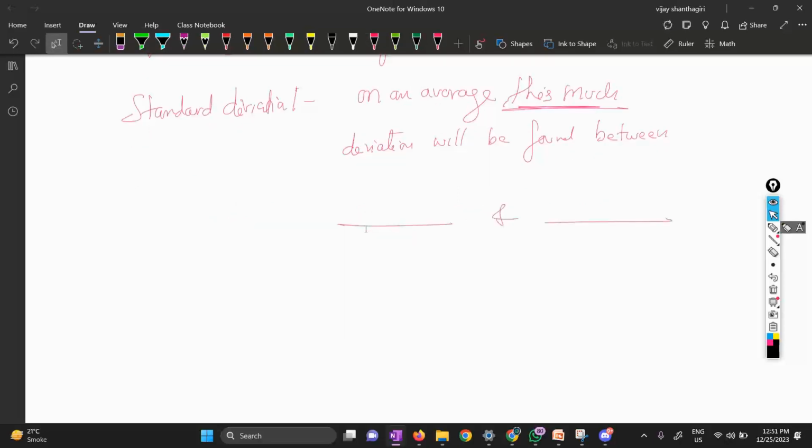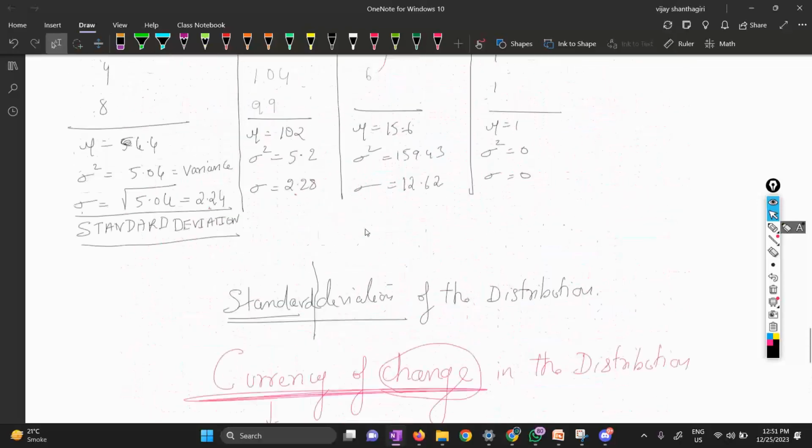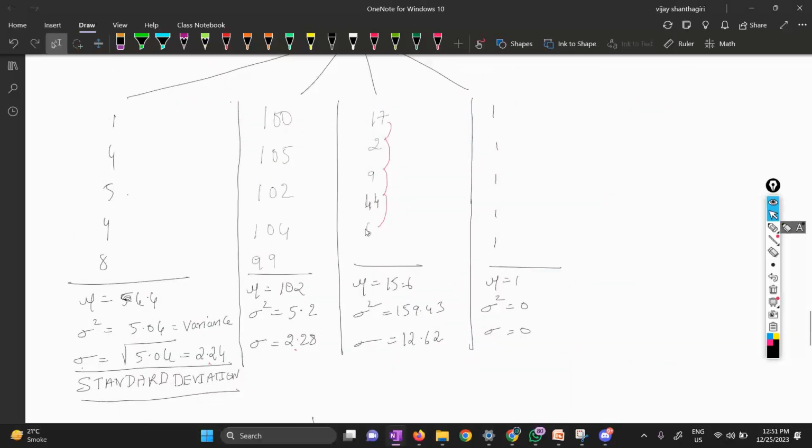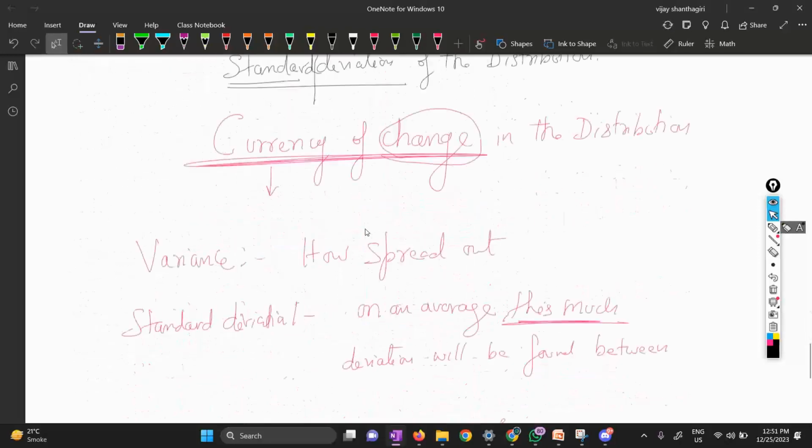Fill up the blanks. Will be found between what and what? Go and check. Between what and what? Value itself and the mean. Correct.